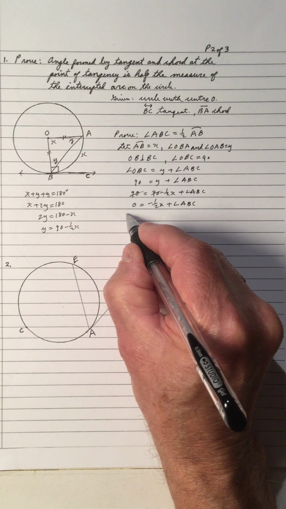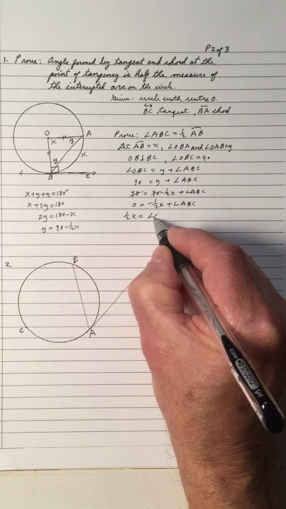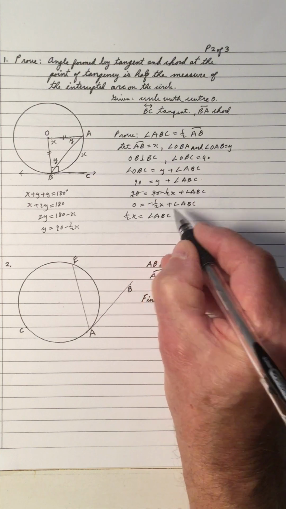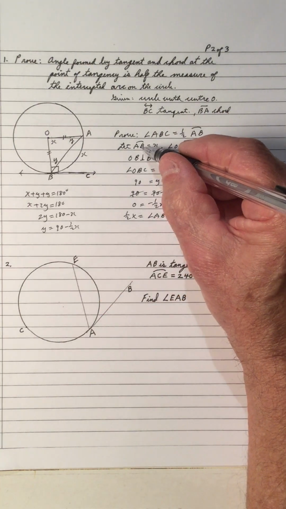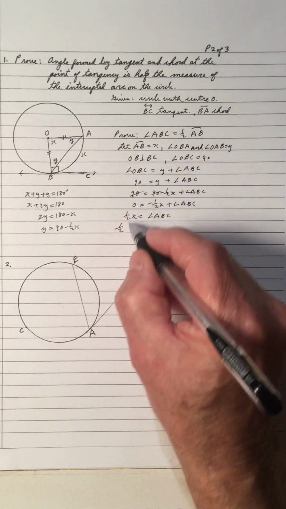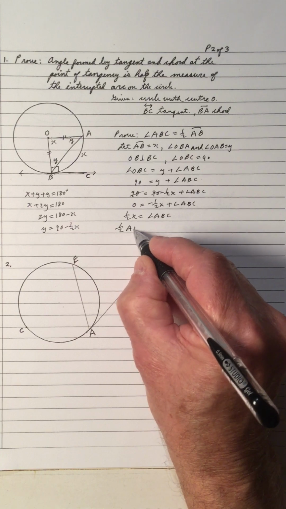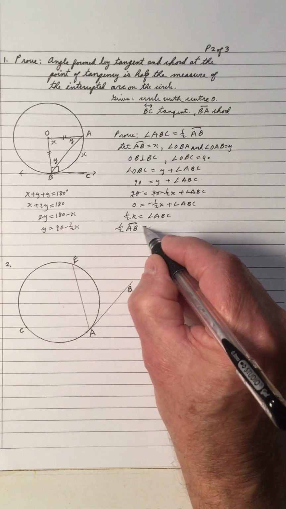Move the negative to the left side, make it positive, so a half X equals angle ABC. But X is the measure of the arc AB, by substitution.